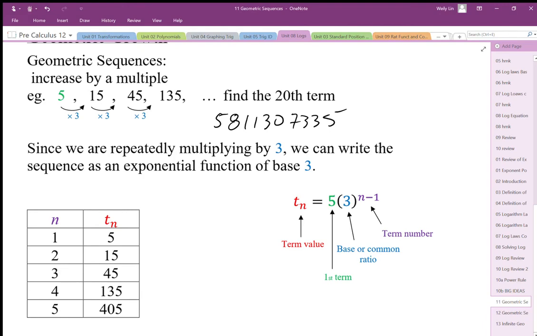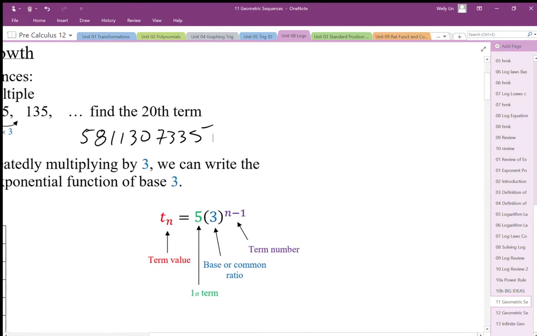Okay, so in general, the number of steps is going to be the last number minus the first number. So I'll just say it's N final minus N initial.